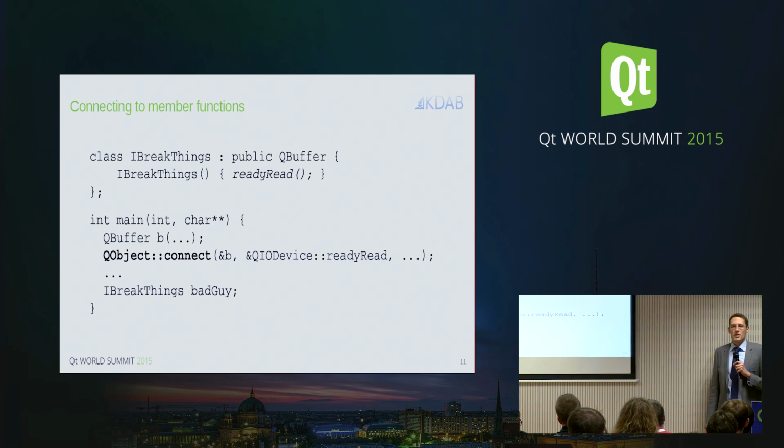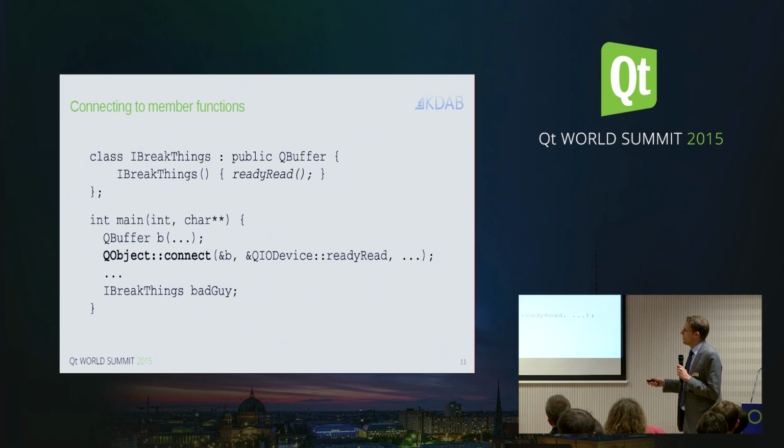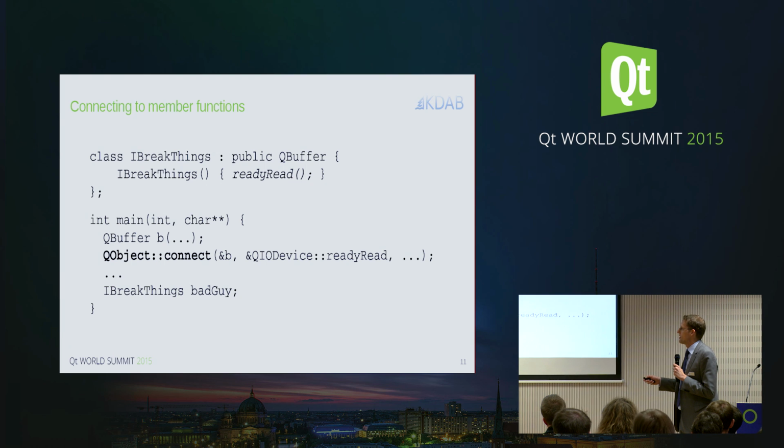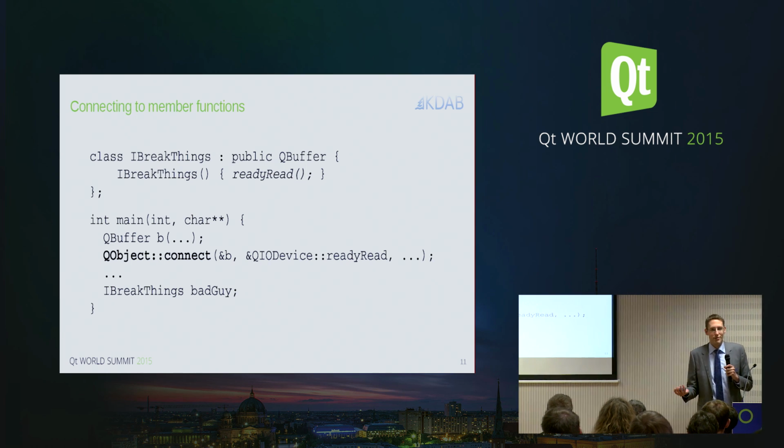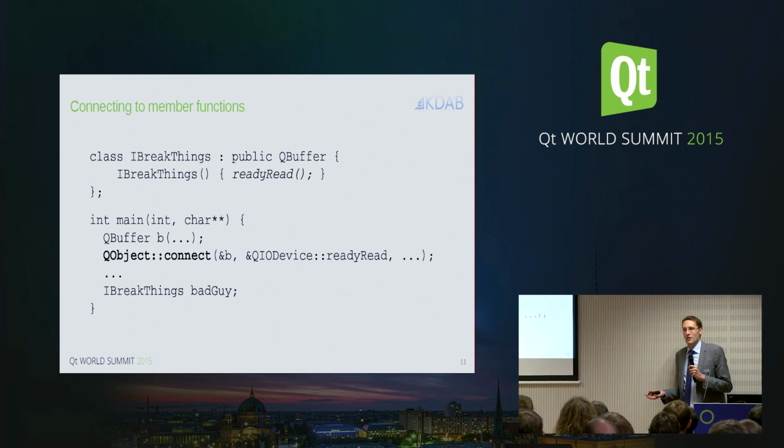And if you look at the code, this makes absolutely no sense, right? The QBuffer is an I/O device that has readyRead, right? This compiles, so the function pointer is found, it's passed in, but it still can't find the signal.